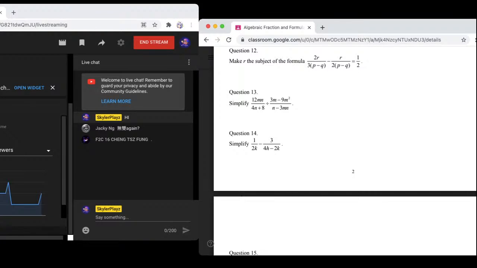Oh, is that correct? Oh, correct. So the 2, we cancel it out, and then finally h minus 2k for the top, k times 2h minus k for the bottom. Final answer.